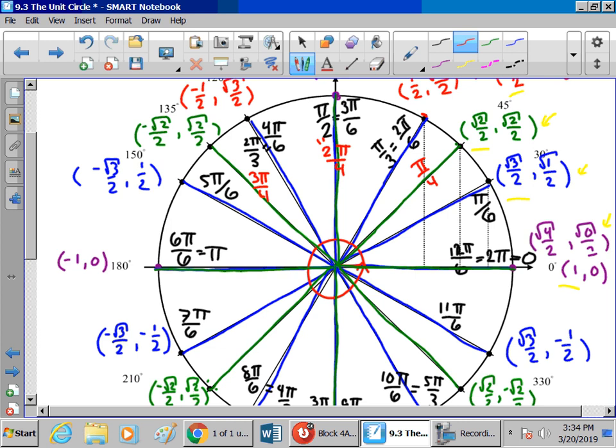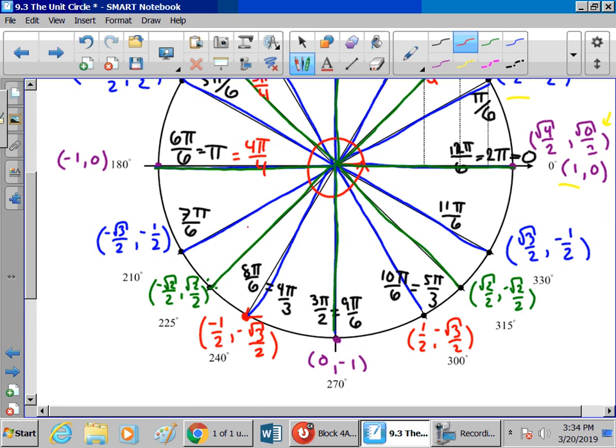We're going to have 4 pi over 4, which again simplifies down to pi. 5 pi over 4. 6 pi over 4, which simplifies down to 3 pi over 2. 7 pi over 4. And then we're also going to have 8 pi over 4, which is the same as 2 pi, which is the same as 0.